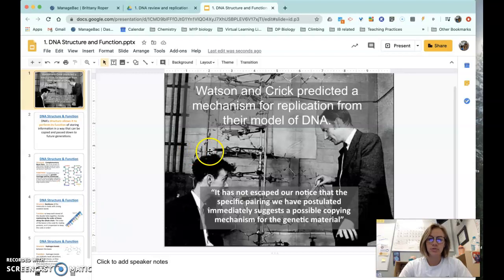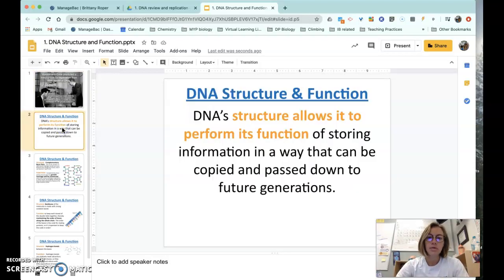As we know, Watson and Crick were the ones to really put together the first model of DNA as far as the hydrogen bonding and everything goes. But let us not forget about Rosalind Franklin and her significant contribution to that with UV crystallography as well.